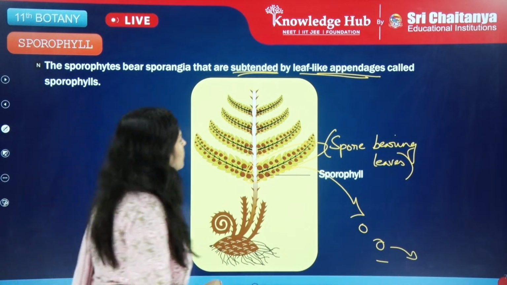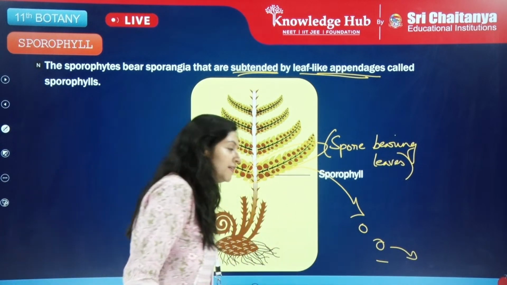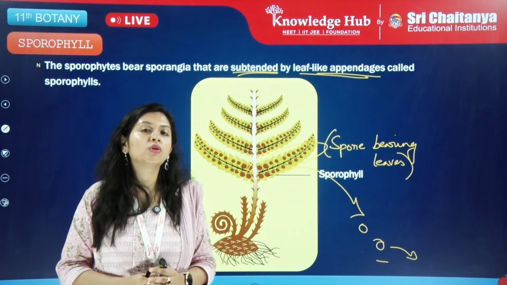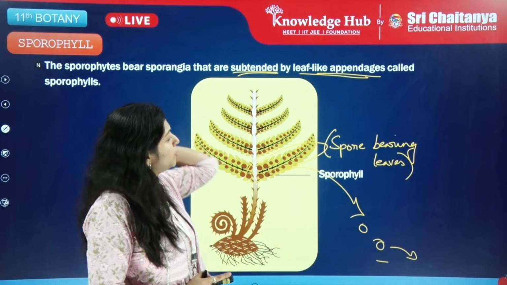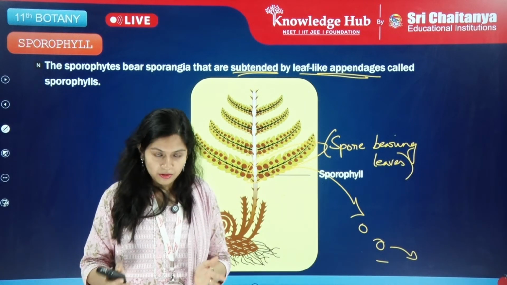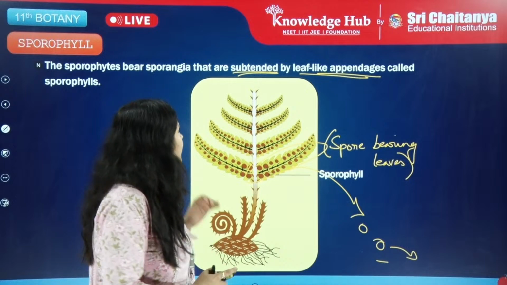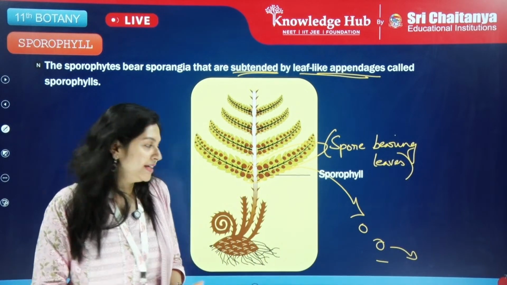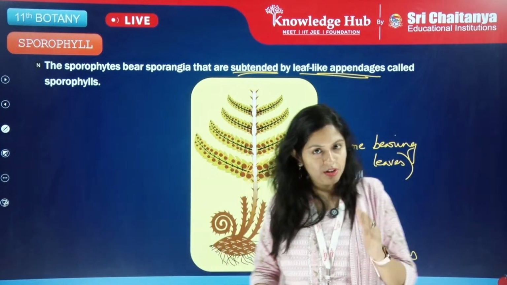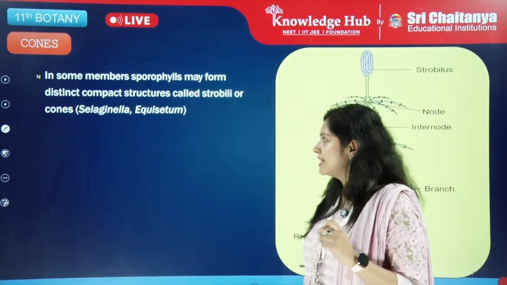So the spores are borne on the underside of the leaves, and if you call the leaf only, then you have to call it sporophyll. If you call the entire bunch, then you will call it sporangia, right? I think it is very well understood, right? Now let's go to the next thing here.